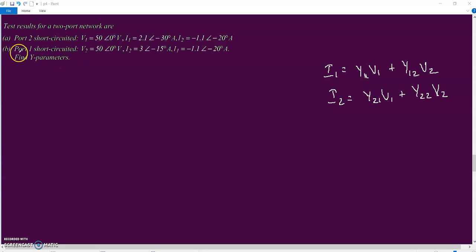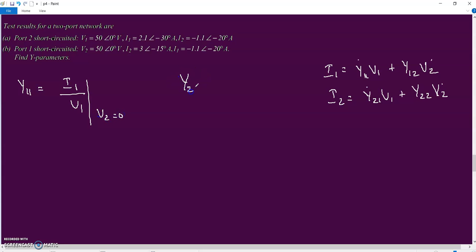Okay. So, when port 2 is short-circuited, it means V2 is 0. When V2 is 0, we will get Y11 and Y21. So, what is Y11? Y11 is equal to I1 by V1 at V2 equal to 0.